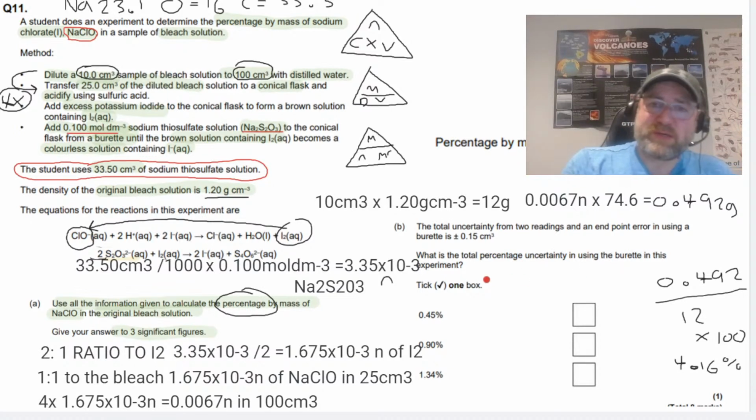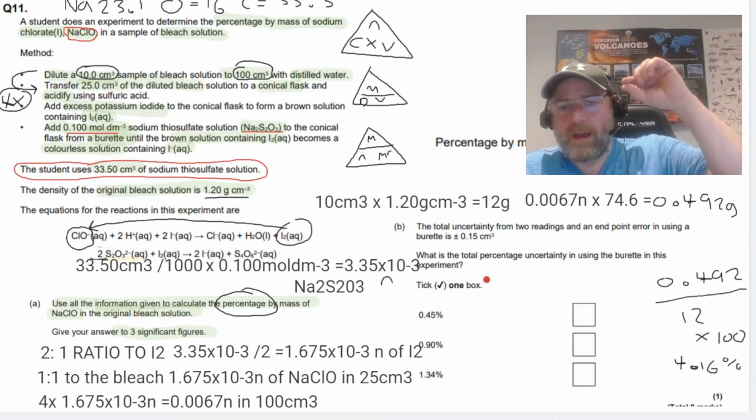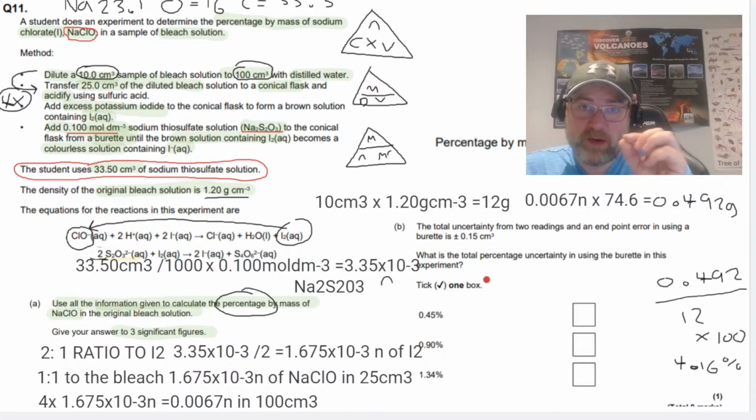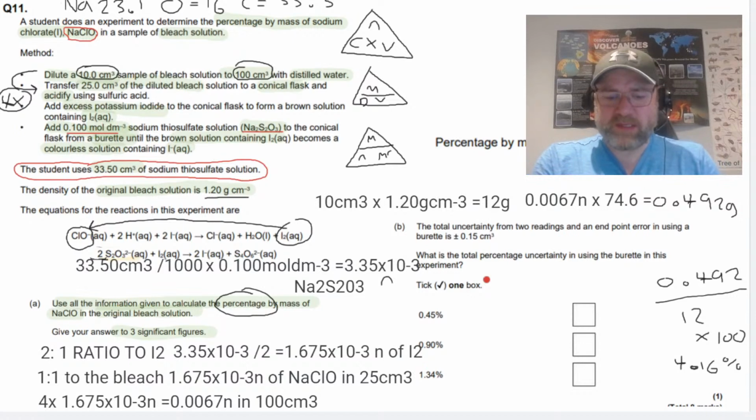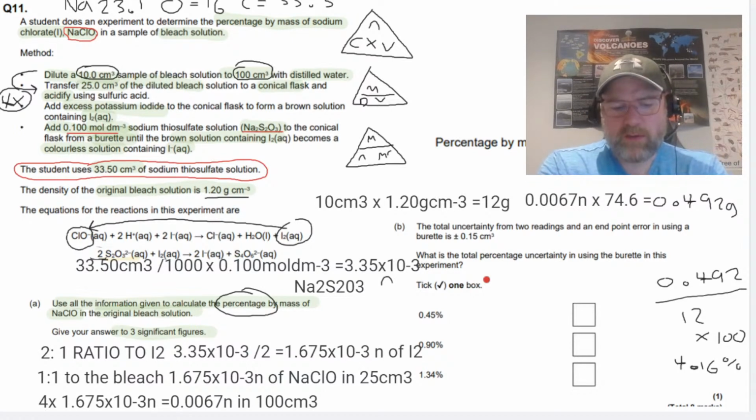So we need to do our uncertainty, which is 0.15, divided by the measurement. So we've got 0.15 over 33.5. So let's try that. 0.15 divided by 33.5 times 100.